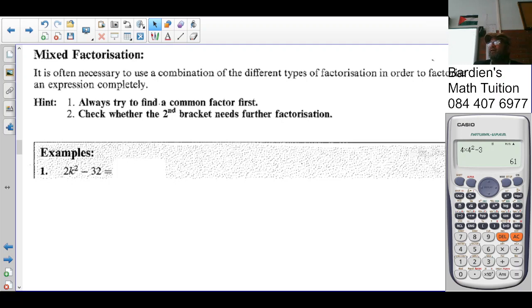I can send that to the group if you want. You don't have to take a photo. So I want you to do book C, worksheet 2, 3 and 4 for tomorrow. So we'll start off with that, and then we will go into that mixed factorization that I've cut for today.